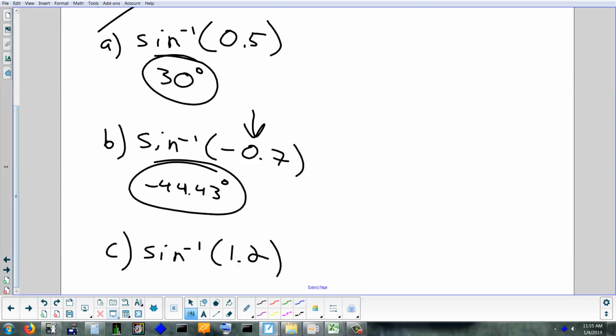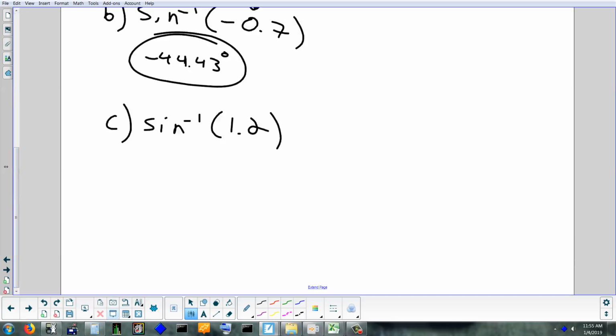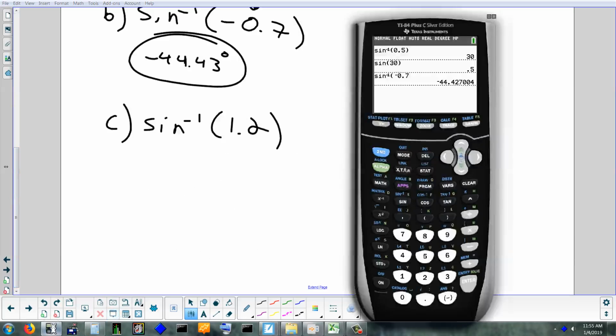Now how about this one? Inverse sine of 1.2. What's going to happen when I type that in? It's not going to work. Okay, you can't go above 1. If you try, the calculator gets annoyed with you, and it says error domain. All right.